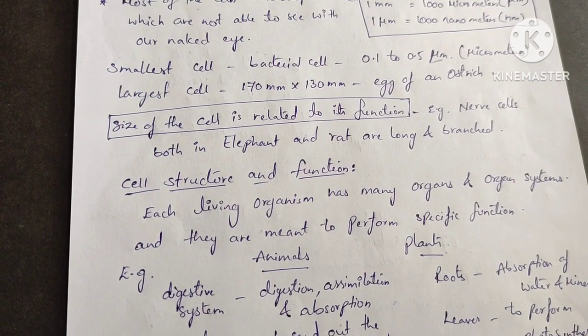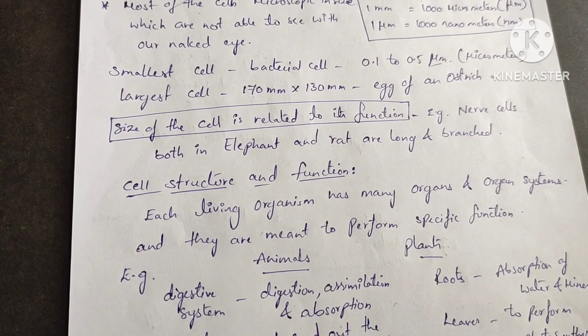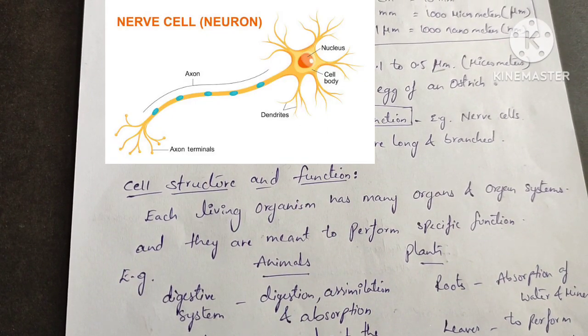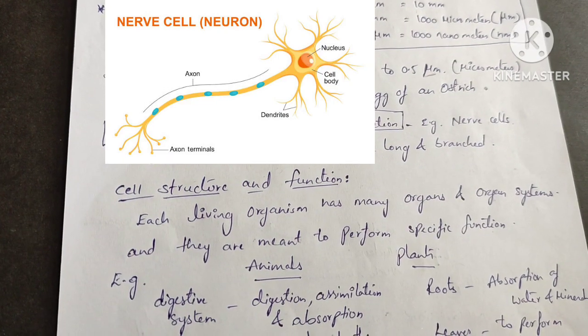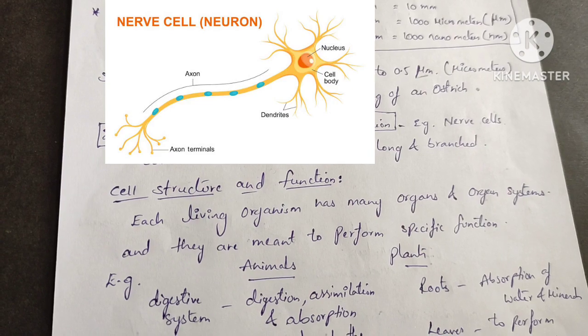Size of the cell is related to its function. For example, nerve cells are long cells because they have to transfer messages from the brain to different parts of the body and from different parts to the brain.